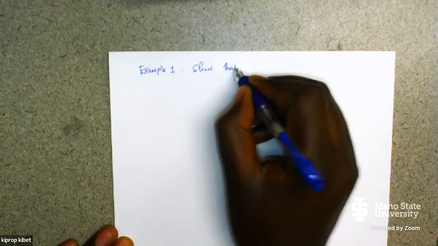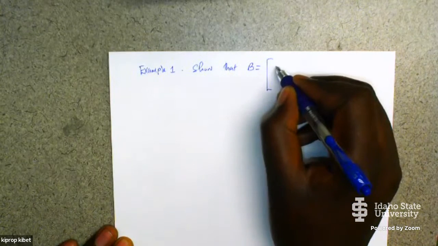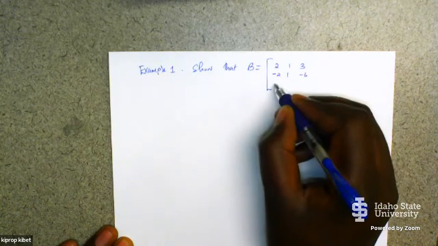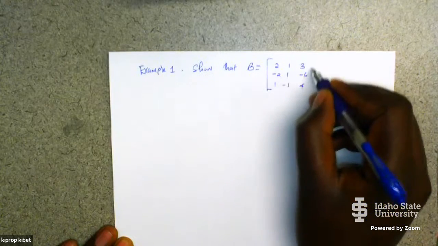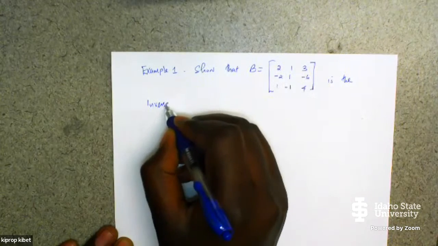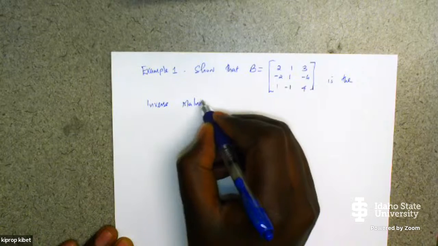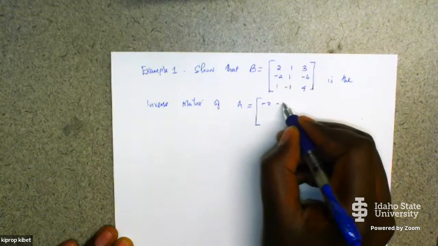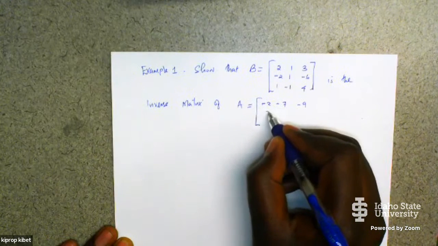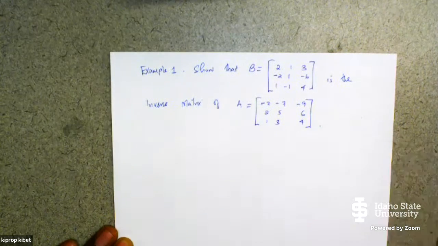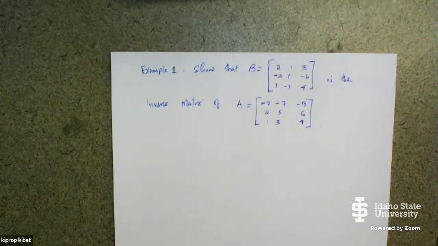Show that B, which equals 2, 1, 3, negative 2, 1, negative 6, 1, negative 1, 4, is the inverse matrix of A, and this A is the same as negative 2, negative 7, negative 9, 2, 5, 6, and then 1, 3, and 4. So show that B is the inverse of A.